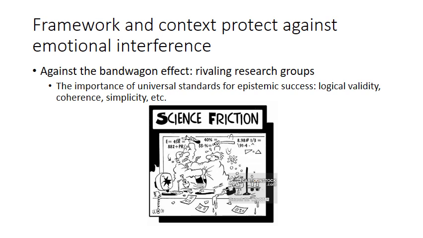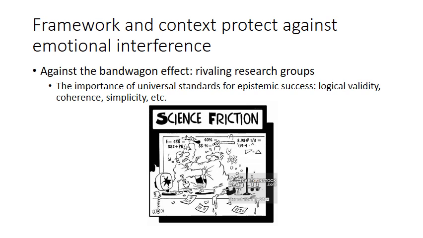But again, luckily, there is this competitive element in science in which you have rivaling research groups that can criticize the work of other research groups. And the importance of universal standards for epistemic success is crucial in this respect. There must be general norms for what makes a theory sound, what makes an experiment actually a good experiment, and so forth.